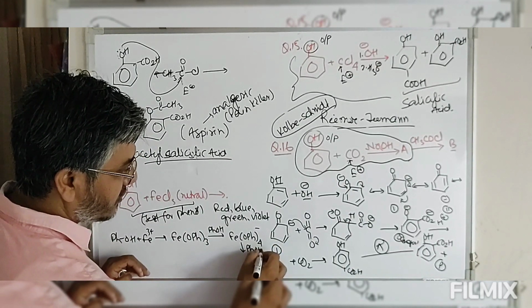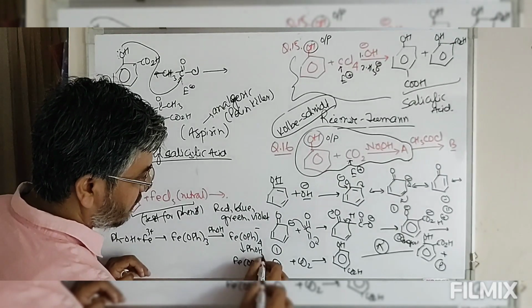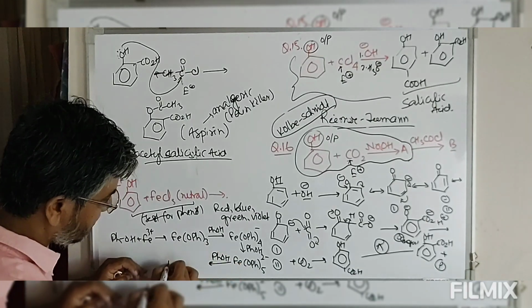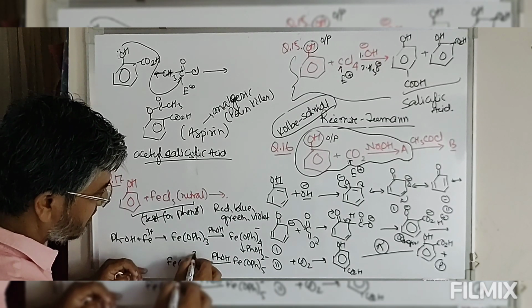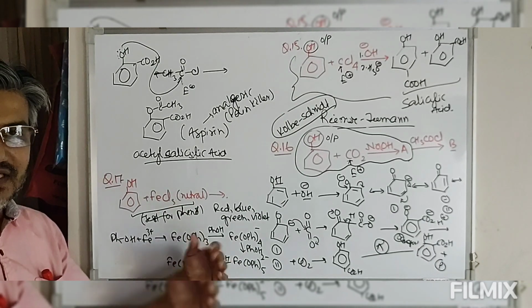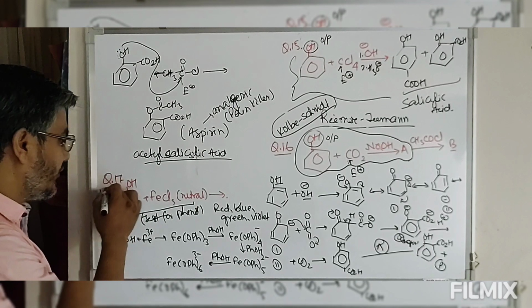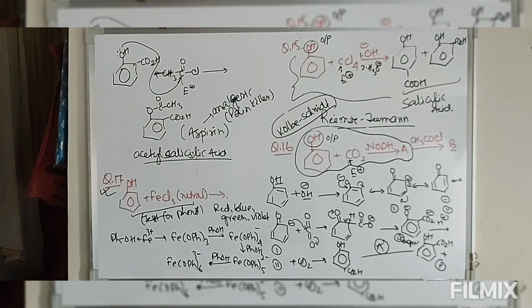Further reacts with phenol to give Fe(OPh)5 2 minus. Further this reacts with phenol to give Fe(OPh)6 3 minus. So the formation of these various complexes gives you various coloration. This is used as a test for phenol, that is the neutral ferric chloride test for phenols.